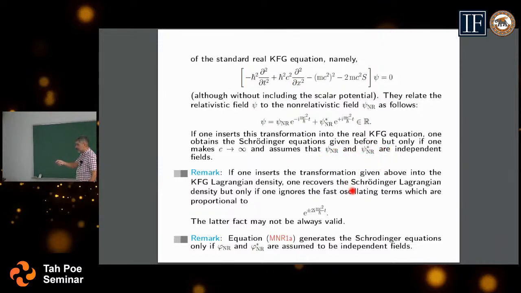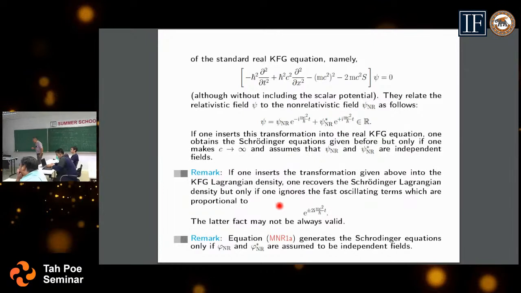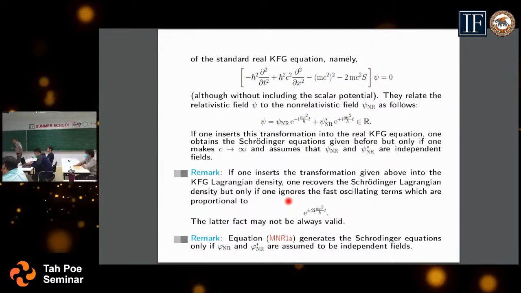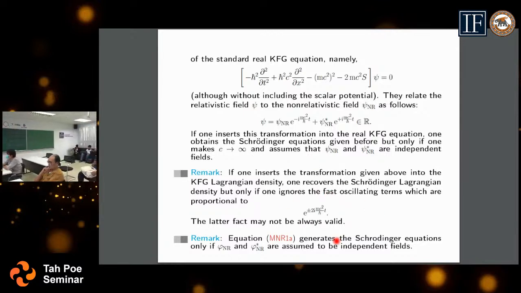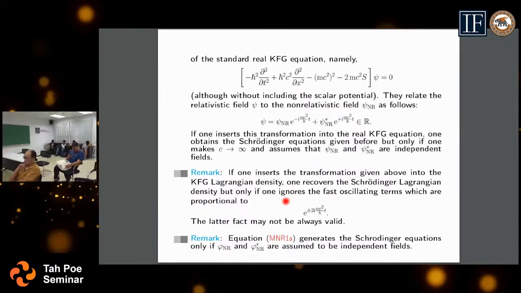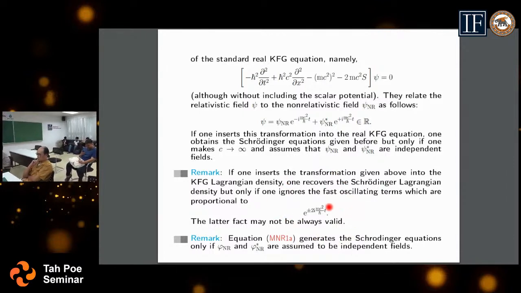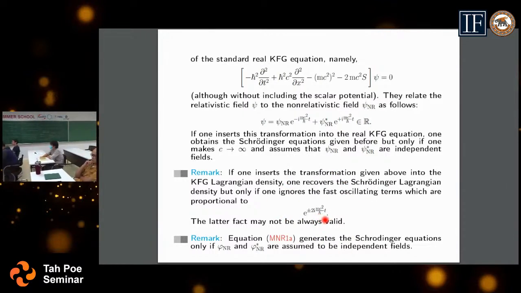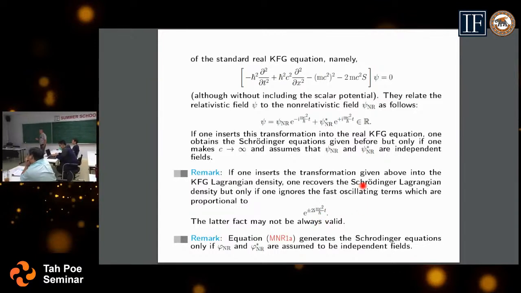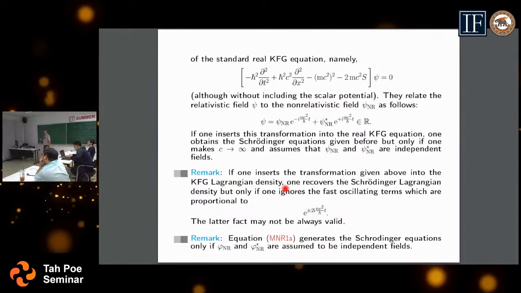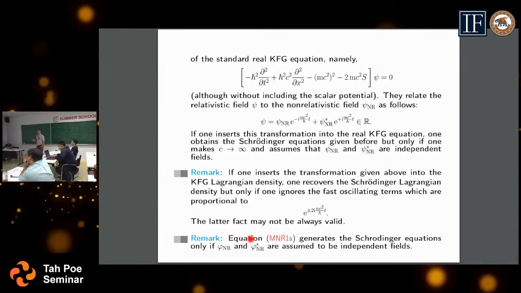On the other hand, to finish, if you do the same in the Lagrangian, you get a lot of terms like this, and people reduce them to zero. They ignore this fast oscillating term. This is a really big frequency here. But you don't have a real reason to remove that term.